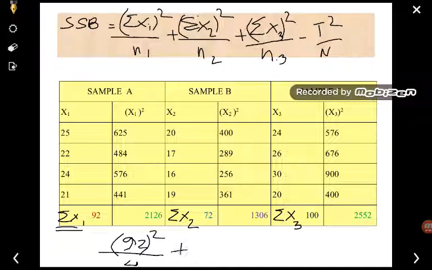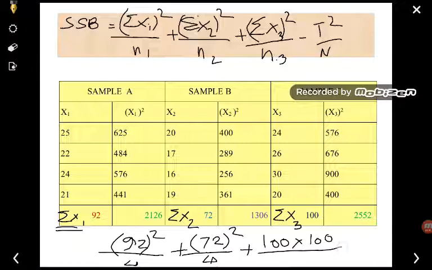Again, summation of x2 is 72, squared and divided by 4, the number of observations in sample B. Next is 100 into 100 divided by 4, minus T square by N, which we got as 5808.